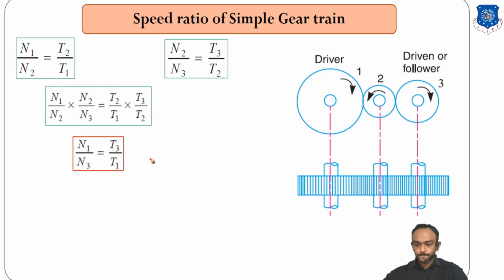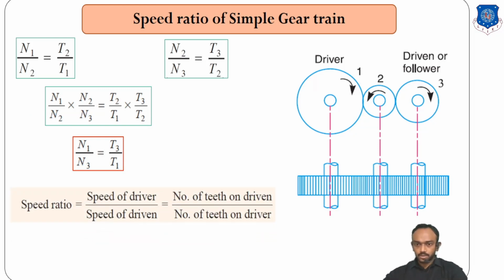Okay, so I can say that whatever the number of gears in a simple gear train, ultimately the speed ratio, speed of the driver upon speed of driven, is equal to the number of teeth of the driven divided by the number of teeth of the driver.